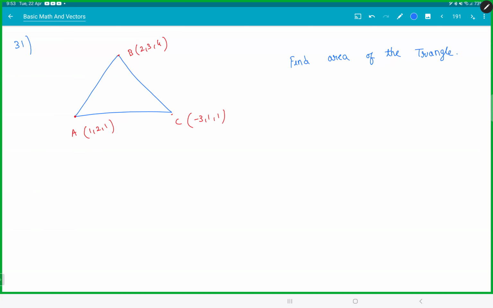Remember, just now we wrote the formula half of A cross B, where A bar and B bar are the sides of a triangle.